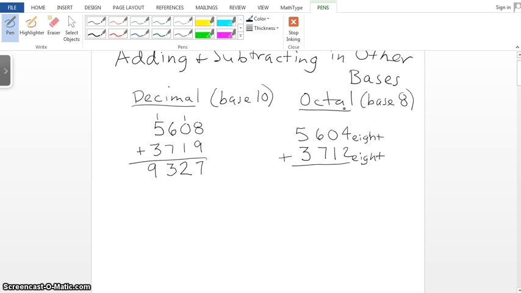Watch this. 4 plus 2 is still 6. 6 is a good digit in base 8, so we don't have to worry about carrying. 0 plus 1 is still 1. Watch this, though. 6 plus 7 is 13. You don't put a 3 there and carry a 1.